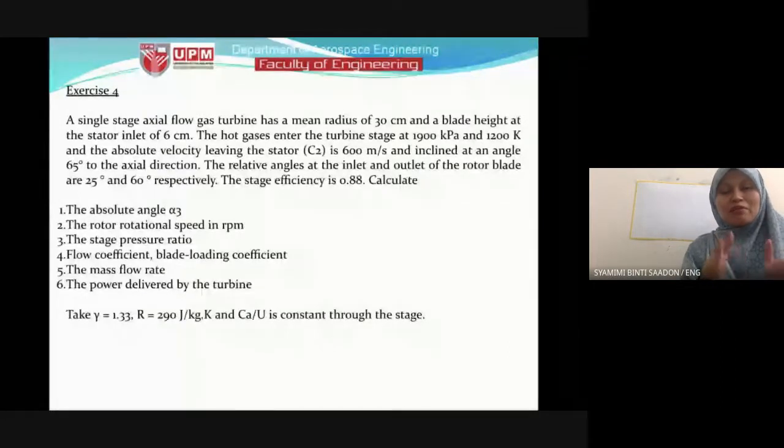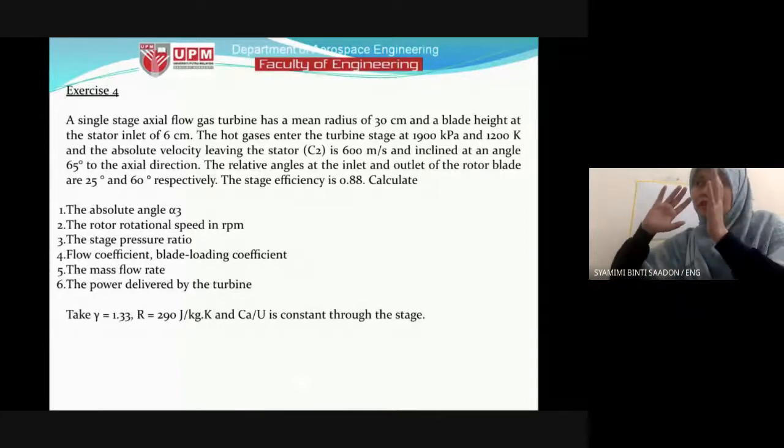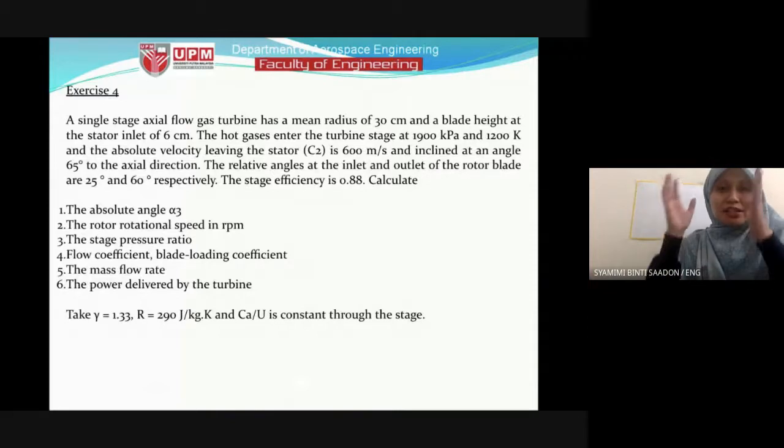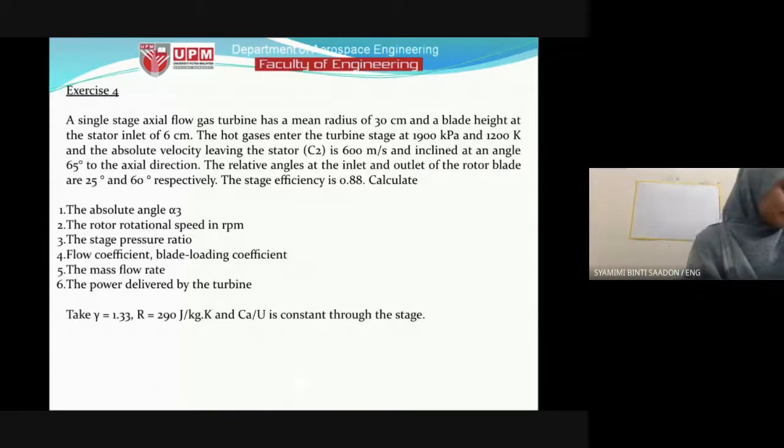So for the velocity triangle of a compressor, we focus on V1, V2, W1, W2, C1, C2. But for turbine, C2, C3, V2, V3, W2, W3 and those angles, because it is the rotor which is the moving part, to calculate the velocity and the energy.